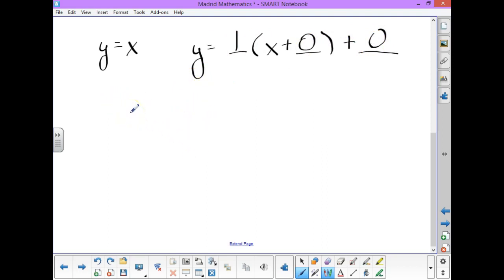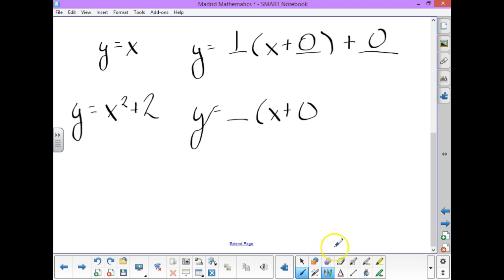Let's look at y equals x squared plus 2, somebody from the quadratic family. Once again, I need this form of a blank, then plus blank. I have a 1 up front, so I'll put a 1 up here.